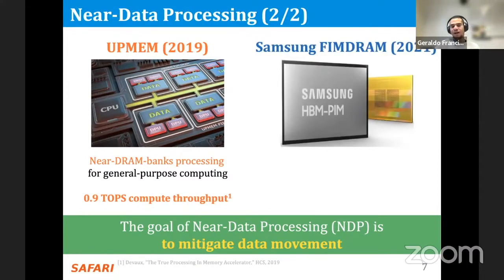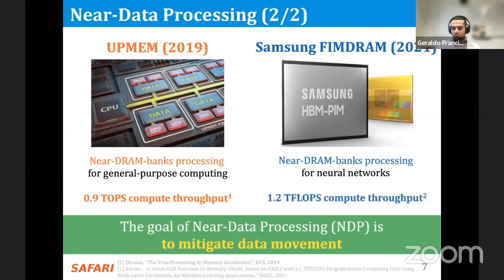Another example we have is FIMDRAM, which is also a near-DRAM-bank processing architecture from Samsung, released in 2021, which targets neural network operations. This system can achieve 1.2 teraflops of compute throughput. So right now we have these two examples, but since 2021, we have seen more examples from industry.